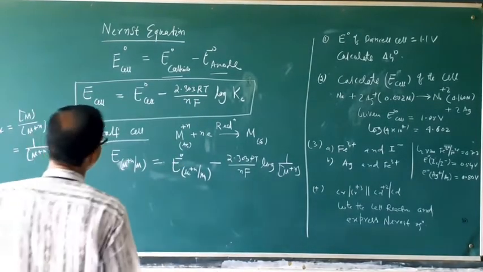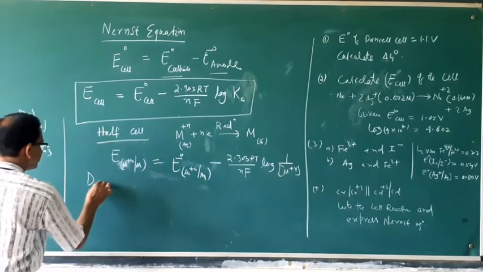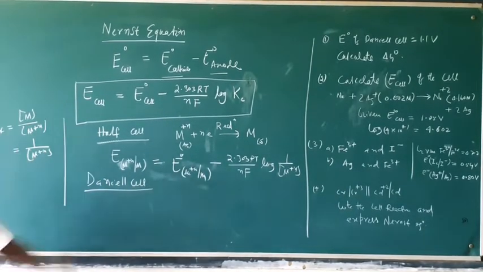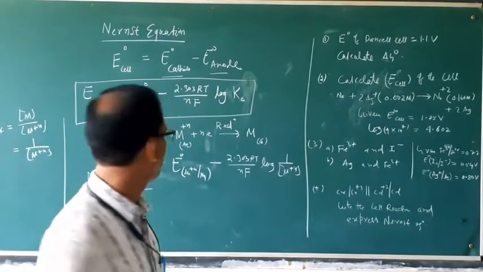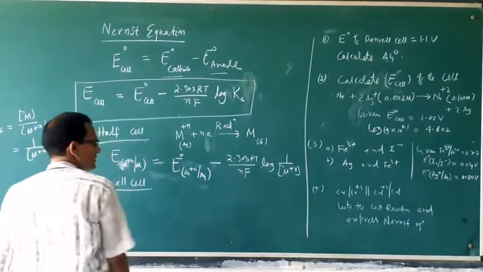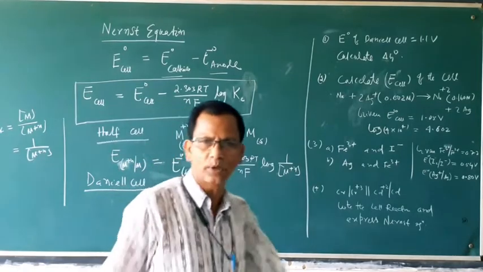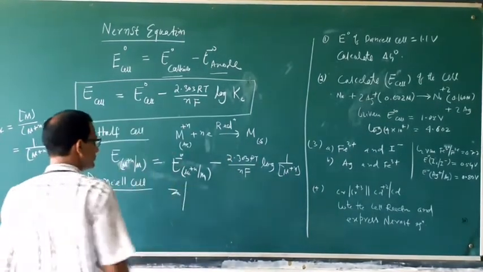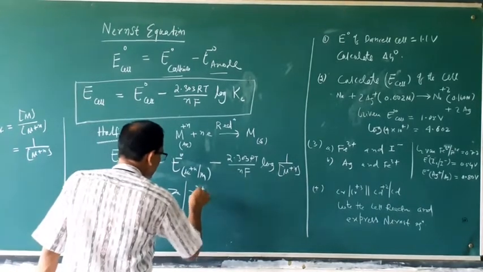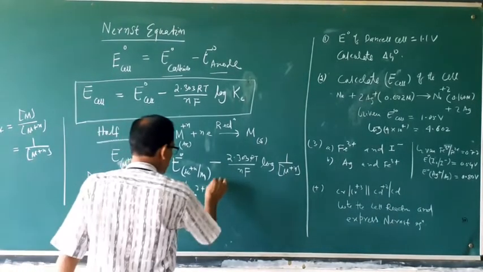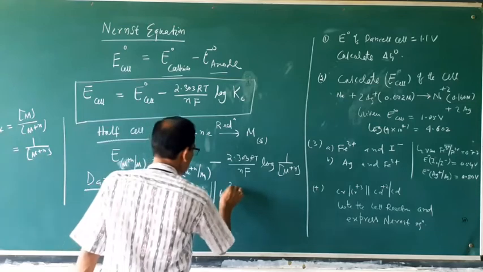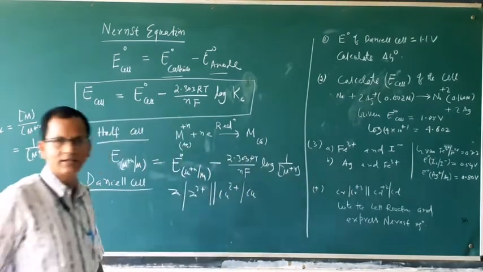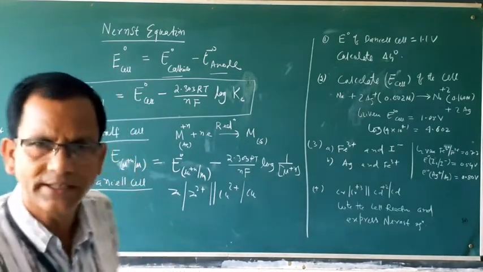Let us take the Daniel cell. The Daniel cell is the cell of zinc and copper: Zn, Zn2+, salt bridge, Cu2+, Cu. Already we have read that this is the representation of the Daniel cell.